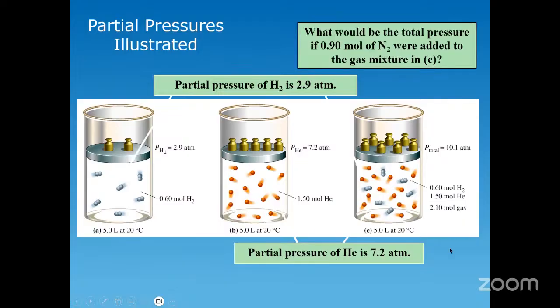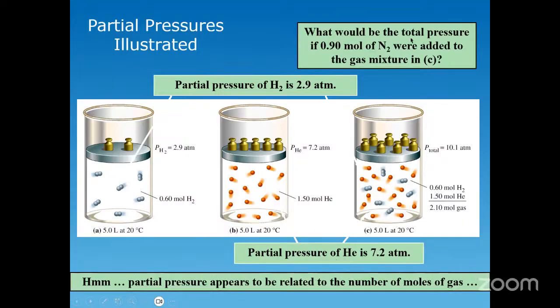Now, there's a question here which says, what would be the total pressure if 0.90 moles of nitrogen were added to the mixture? So in other words, if you add 0.90 moles to the mixture, the total amount of gas would be 3.00 moles.